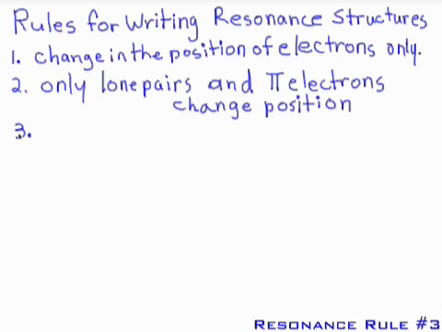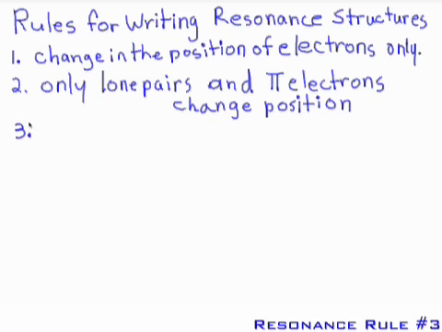Okay, but the second row elements had to have 8 electrons around them, or it's an improper Lewis structure. In resonance structures, period 2 elements must have no more than 8 electrons. We can draw resonance structures with only 6 electrons around them. They're not proper Lewis structures, I agree. But they are acceptable resonance structures, albeit minor ones, but they are acceptable.